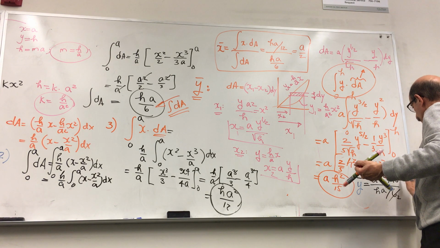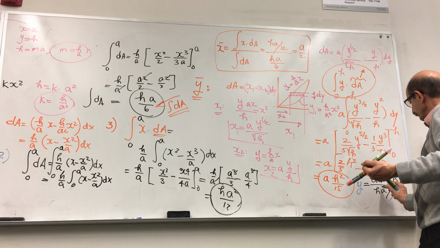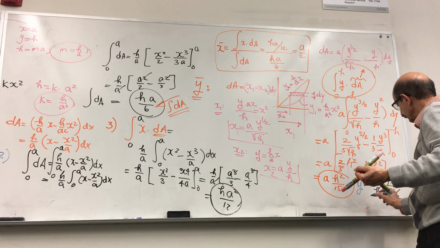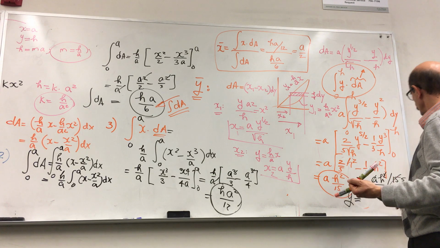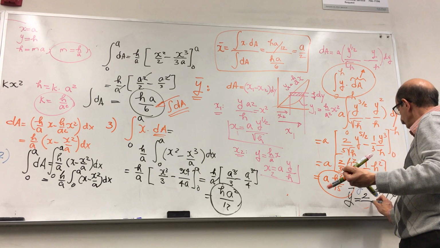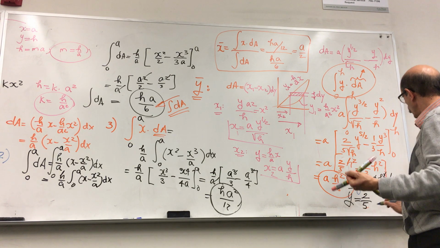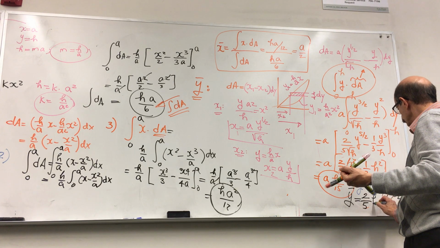So this would be 2, this would be 5, this and this cancel out, this and that cancel out. So y bar turns out to be 2/5 of h.